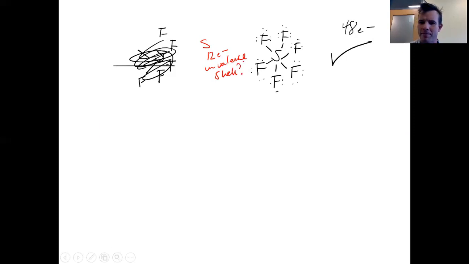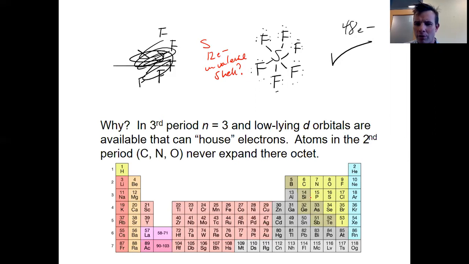Is that okay? Well, remember that sulfur is here, right? So atoms which are in the third period or bigger can violate the octet rule. They can have expanded octets.